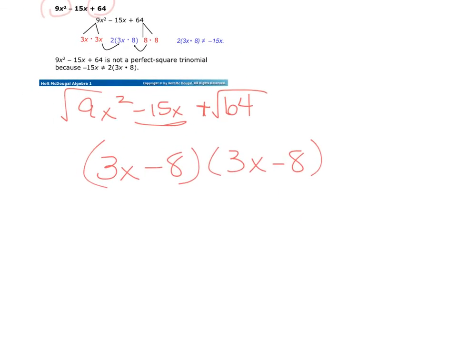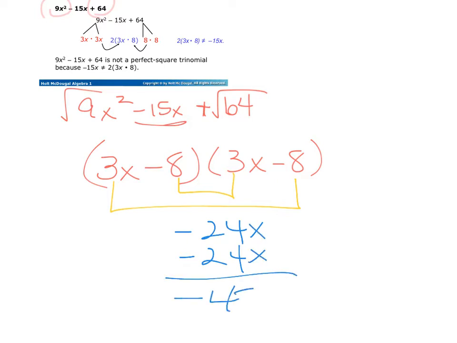Okay, so here, we're going to multiply this. Actually, all we need to check is outer and inner. So when I do that, I get negative 24x and negative 24x, and notice that gives me negative 48x. I was trying to get 15, so the trick doesn't work here.